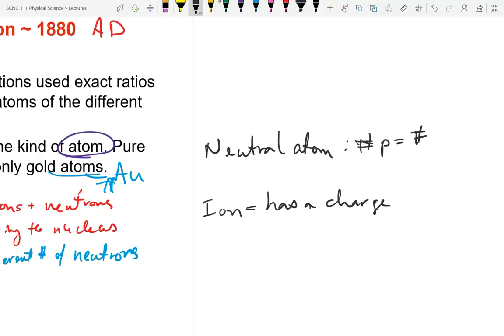The number of protons and the number of electrons are the same in a neutral atom. An ion has a charge, so they're not the same. So if the number of protons is greater than the number of electrons, then it has more positive charge than negative, and it has a net positive charge, then it's a positive ion.